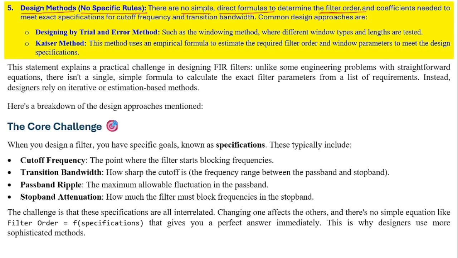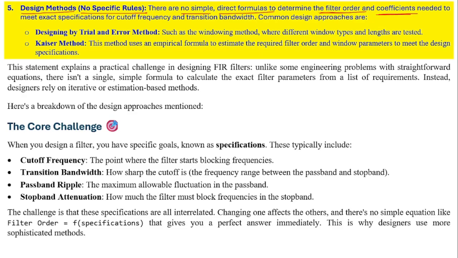Also, we have seen the filter coefficients can play an important role, because we have seen that the output is given by the convolution of your input signal with the coefficient values. When we try to determine these things, there is no direct formula for it.